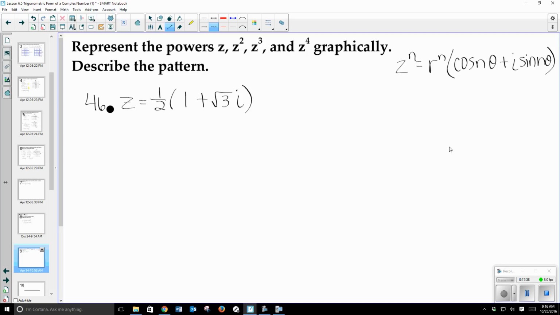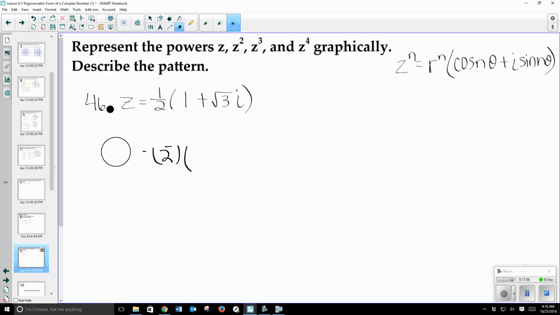So we can see how to use that here. First of all, we have it to the first power, so then we'll raise it to the second power. So that's equal to 1/2 squared. Oh, wait a minute.